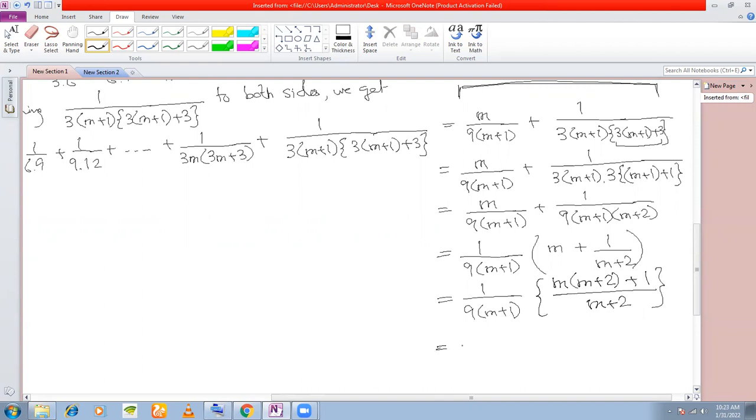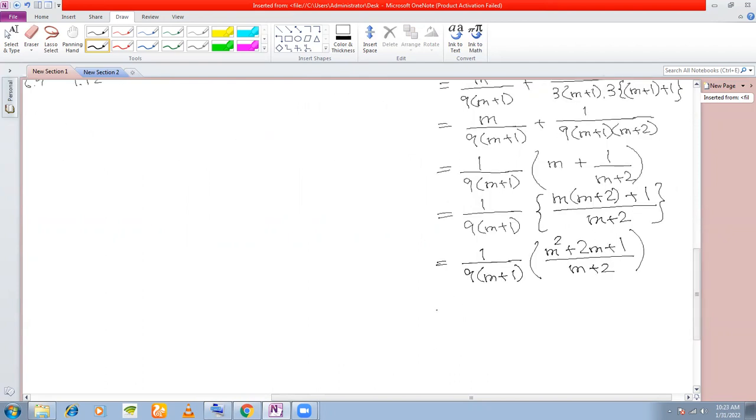Okay, so 1 by 9 times m plus 1, and if you now multiply this, you're going to get m square plus 2m plus 1 divided by m plus 2. Now what is m square plus 2m plus 1? It is nothing but m plus 1 whole square, right? By m plus 2.